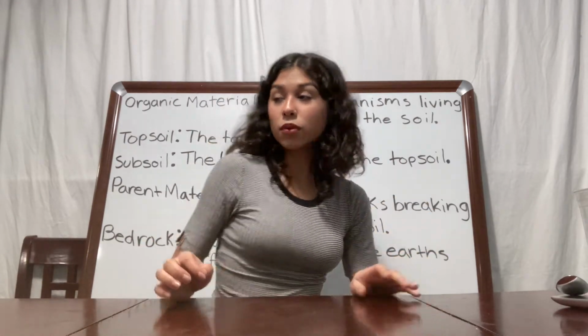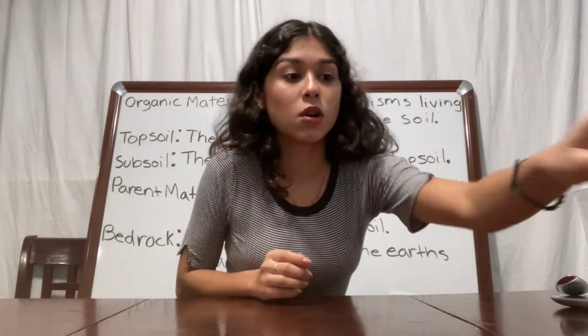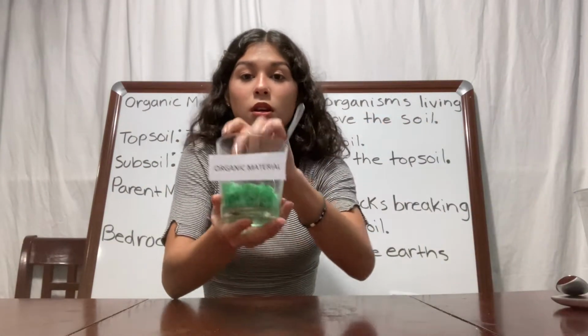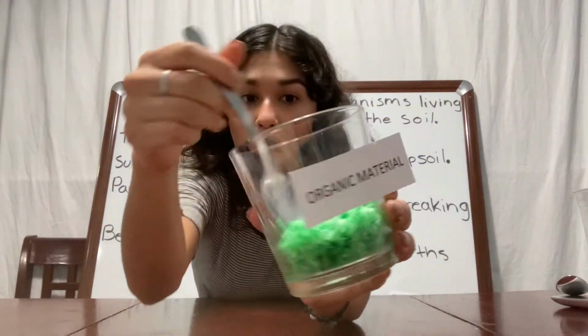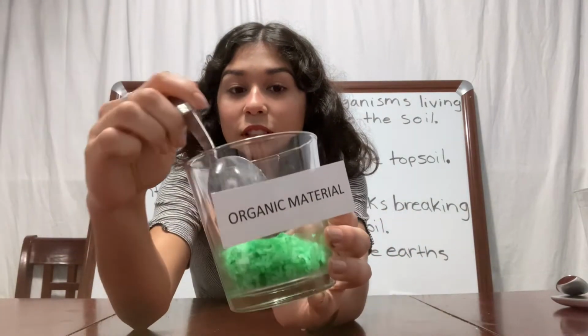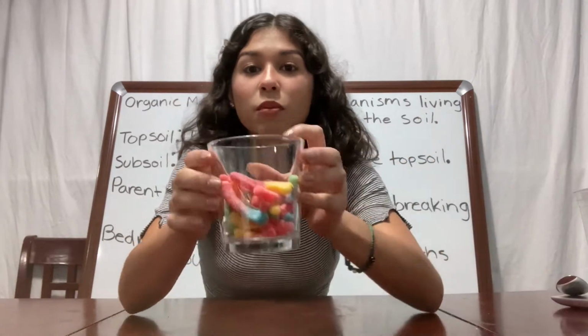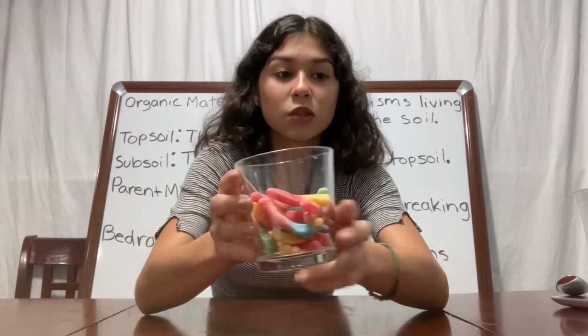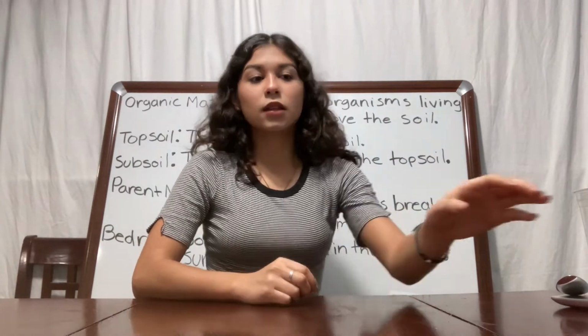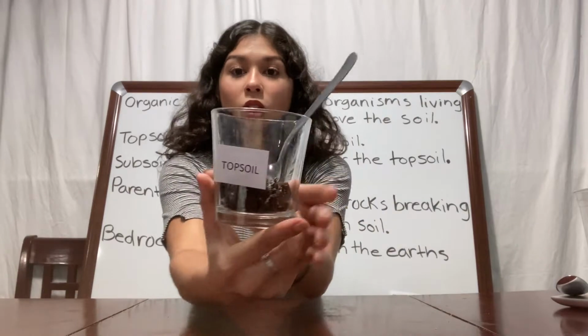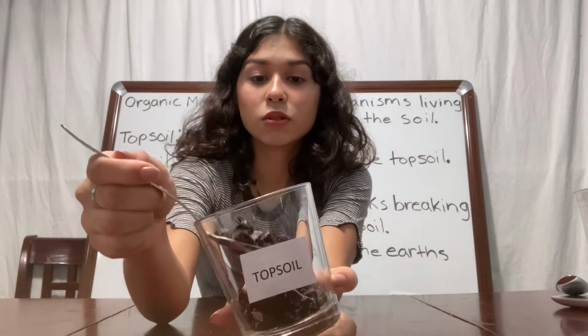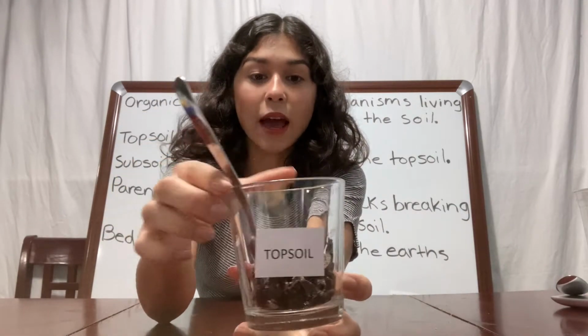For example, for our organic material, we are going to use these coconut shreds dyed green to represent grass. In the grass, we can put in some yummy gummy worms to represent living animals. Then we have our topsoil, which we have crushed up Oreos to represent.